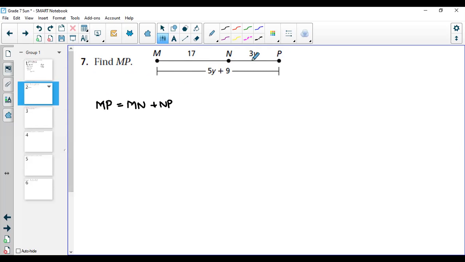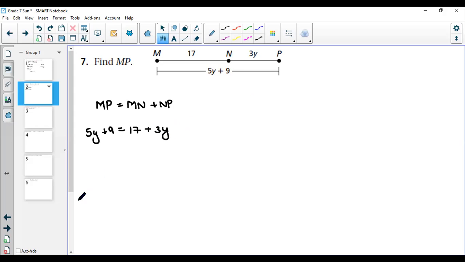The two parts are MN and NP, right? So MP is 5y plus 9, that's what they gave us. MP is 5y plus 9 equals MN, which is 17, plus 3y.